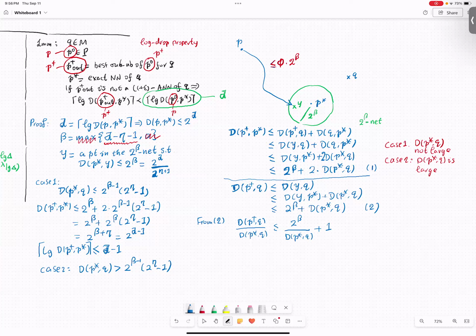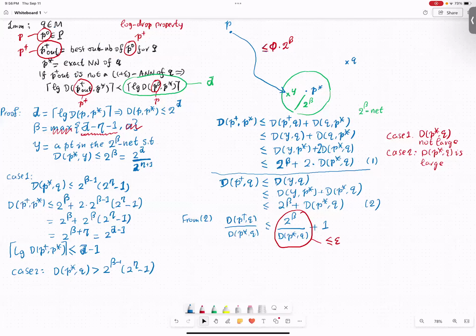I want to prove that this term is less than or equal to epsilon. If I manage to do it, I complete my story, since this indicates that p+ is a 1 plus epsilon ANN of q.